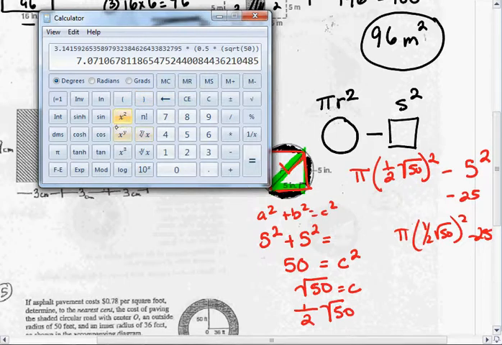I want to square that amount, and go ahead and multiply that by pi, subtract 25, and I've got 53.5398.